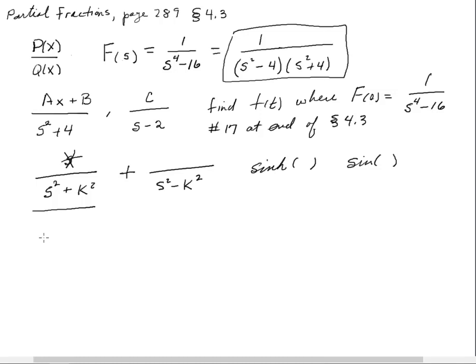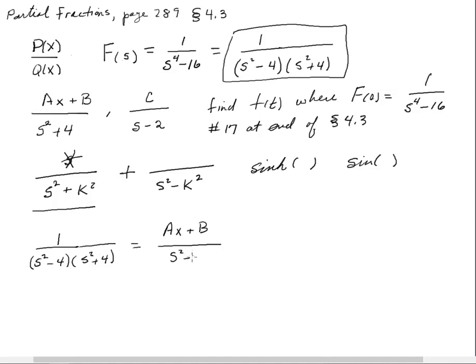Now, what does that bring us to? Well, that brings me to 1 over, and I'm going to write it as (s squared minus 4)(s squared plus 4). Now, using the two rules in this section, I know that I've got quadratic factors, and so this is going to be (ax plus b) over s squared minus 4, plus, and then this would be an irreducible quadratic factor, so we'd have (cx plus d) over s squared plus 4. A and b are determinable, but they're not determined right now.